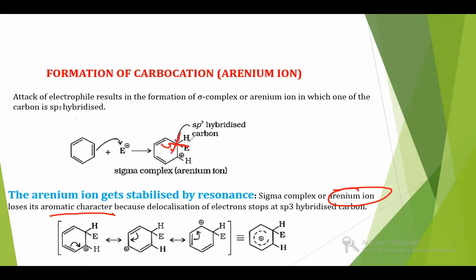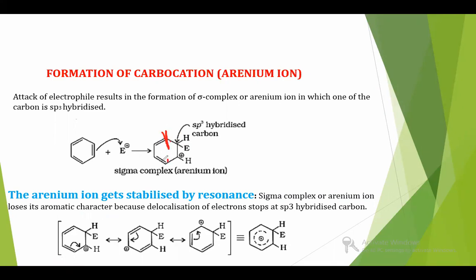Alternate double bonds are not present where the electrophile attacks, so the delocalization stops. The conjugated system ends from here to here.